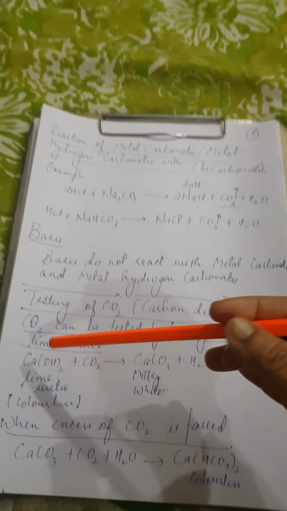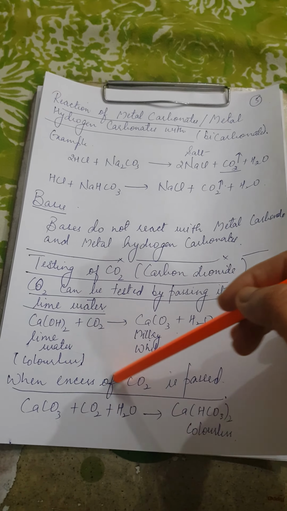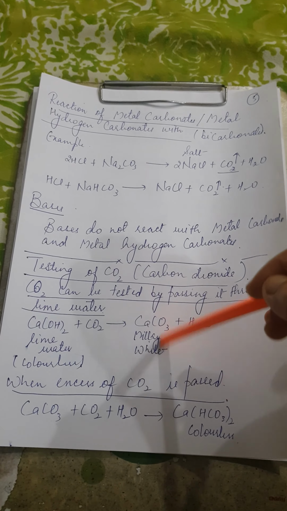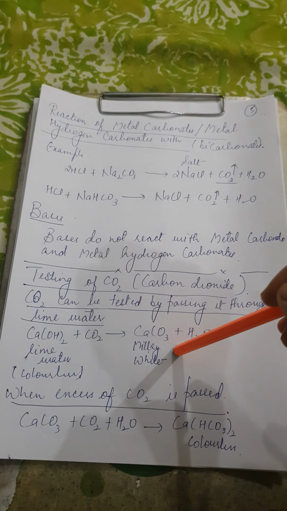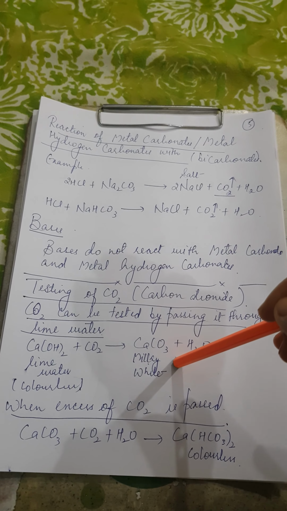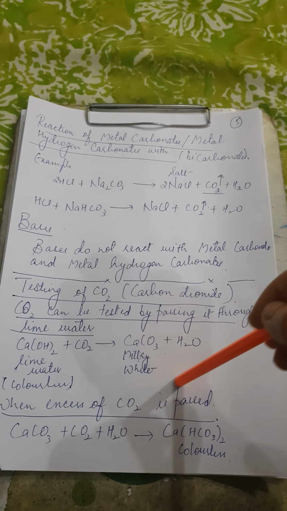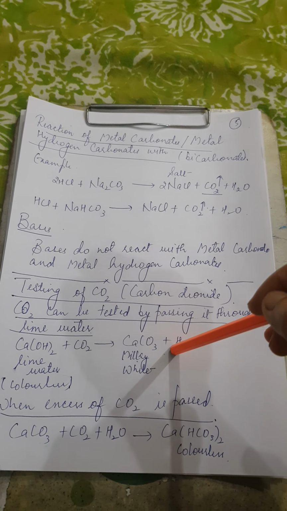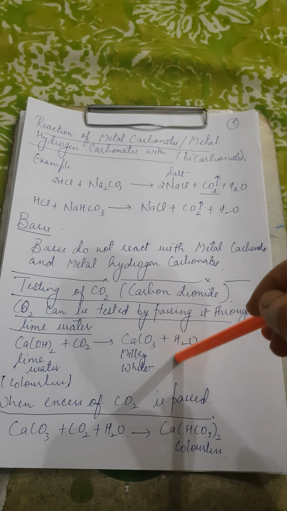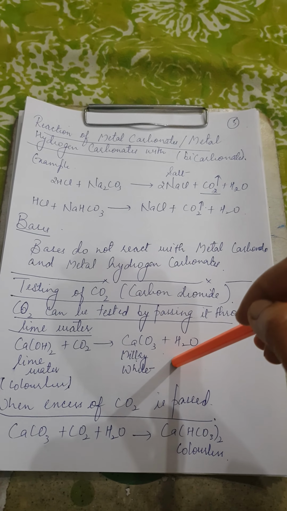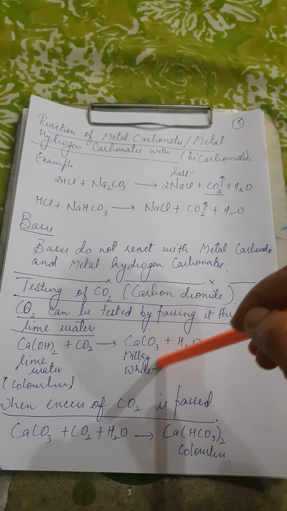Okay. Now, if we pass excess of CO2, for example, if we take test tube and if we blow through pipe or through straw, then you know when we blow, it contains carbon dioxide. It contains other gases also, it contains oxygen also, but it contains carbon dioxide. So, lime water turns milky.